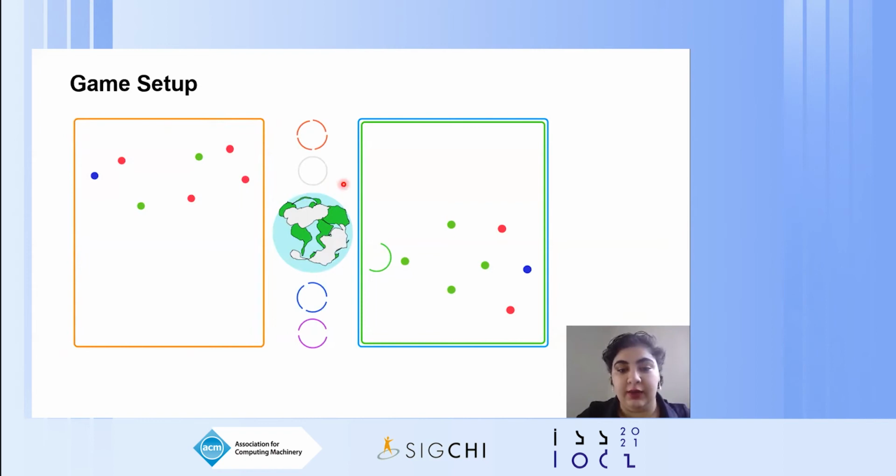The Earth here would lose health if enemy dots here were to crash into it. So participants had a cooperative goal, which was save Earth, in both the cooperative and the competitive condition, which differed basically on whether or not the scores were combined for both players or separate for each player, showing which one was the better defender of Earth.